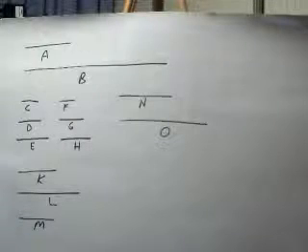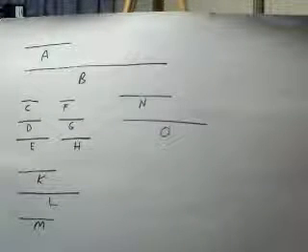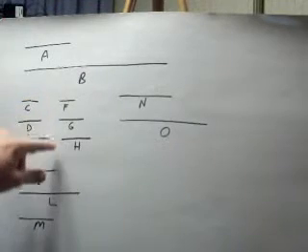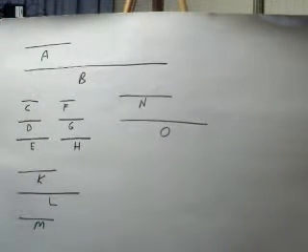I think these are sides of a rectangle or some other polygon. I'm not really sure what. And FGH are the sides of B.